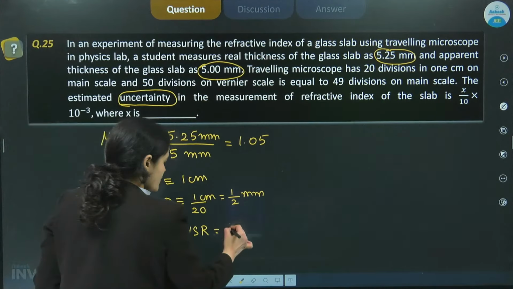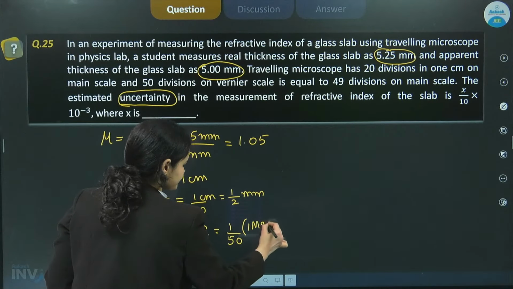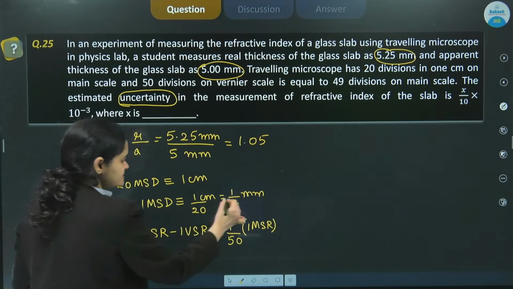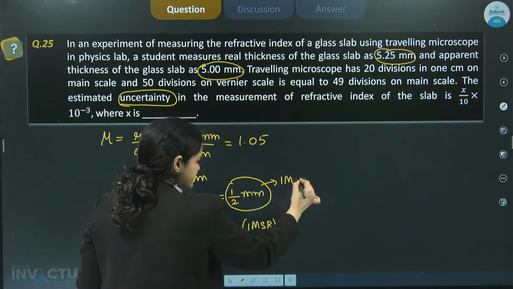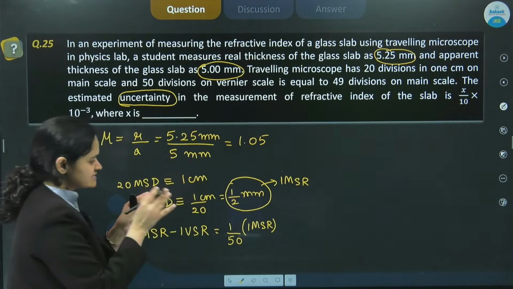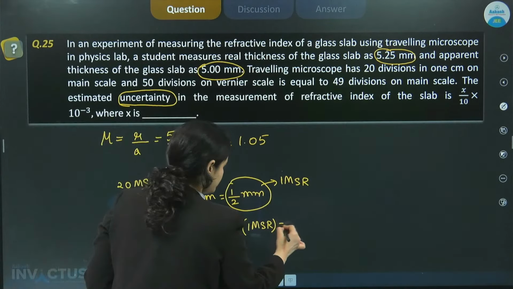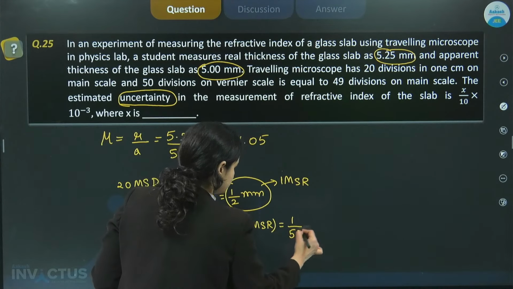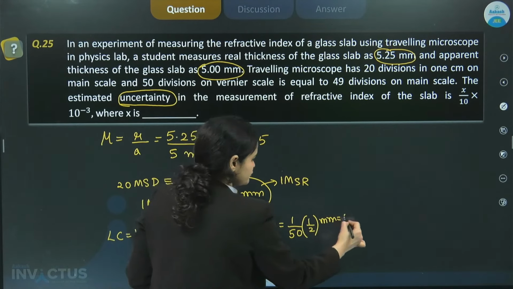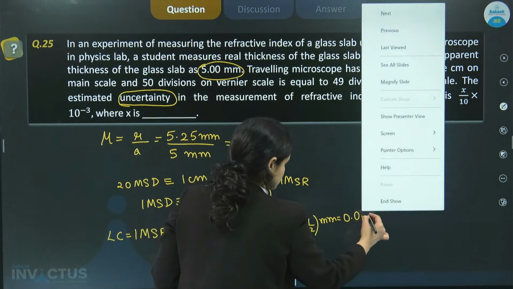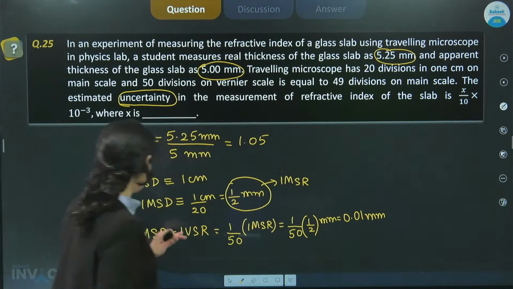So, this gives you 1 by 50 times of 1 main scale reading. So, see, this is actually 1 main scale reading. That means the gap between two consecutive divisions on the main scale is 1 by 2 mm. So, this is 1 by 50 into 1 by 2 mm. Alright, so this is turning out to be 0.01 mm. Okay, that much work is done.